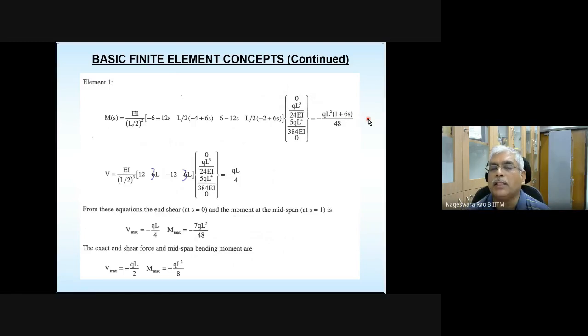Fixed end, in the sense, for element 1, whatever finite element solution you get, you add, assuming the 2 ends of this element are fixed and subjected to the same amount of load, what's going to be the solution?